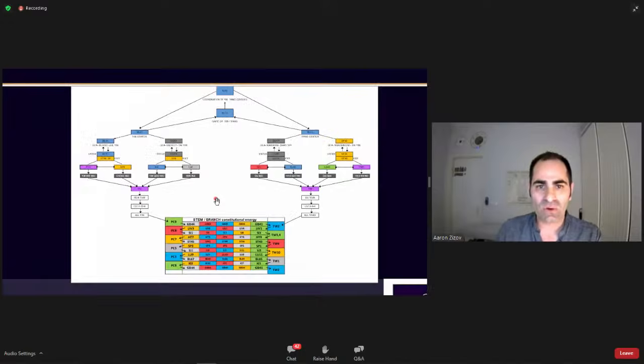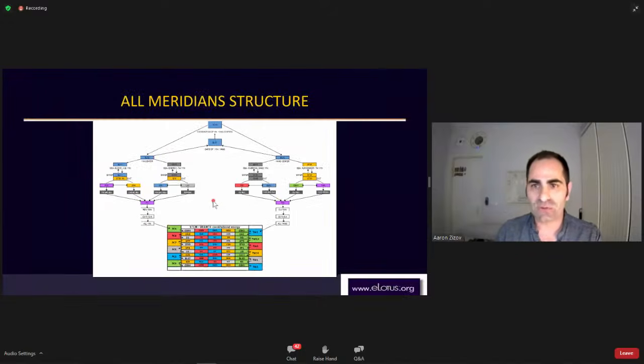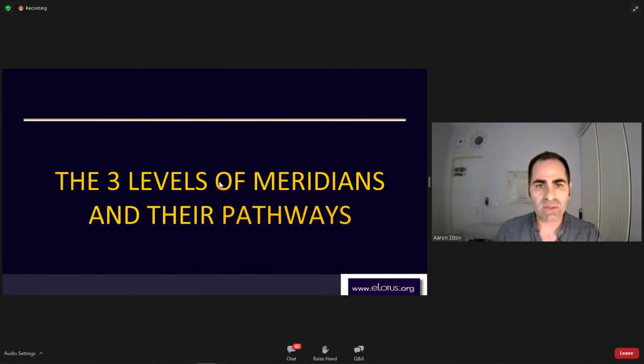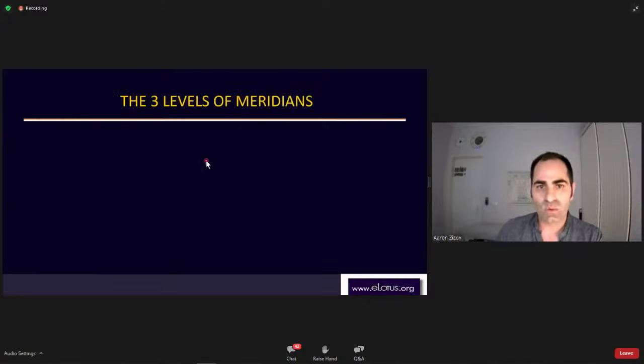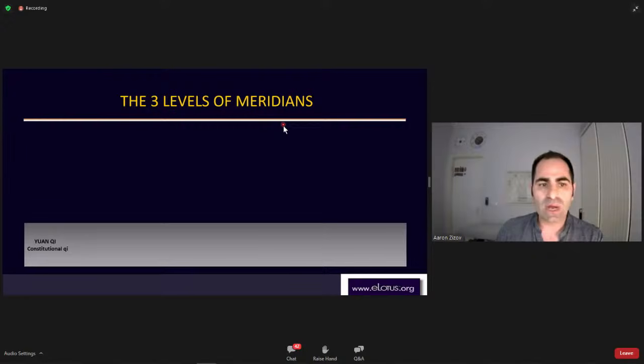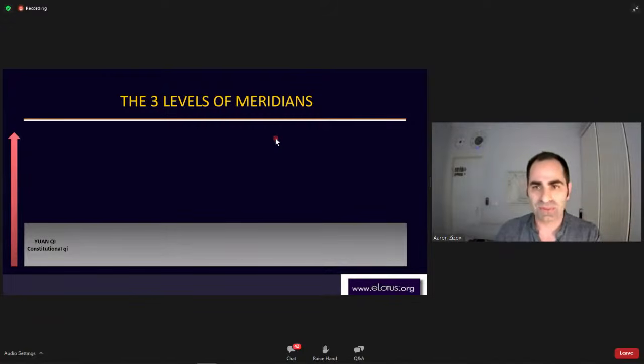Okay, so when we understand the basic structure of how all meridians are connected, we want to understand the different levels of the meridians and their pathways. So we have the yuan qi with the constitutional qi, where basically the energy comes up to the highest level, to the surface.